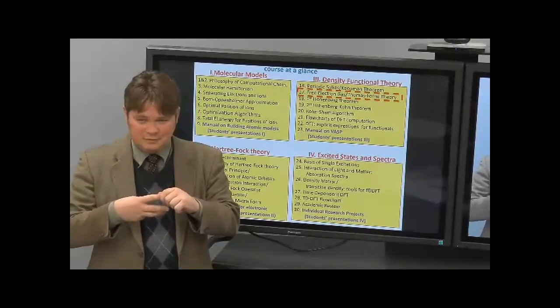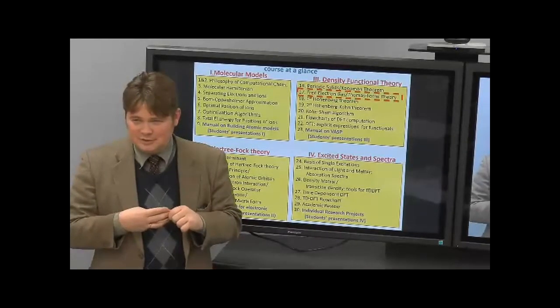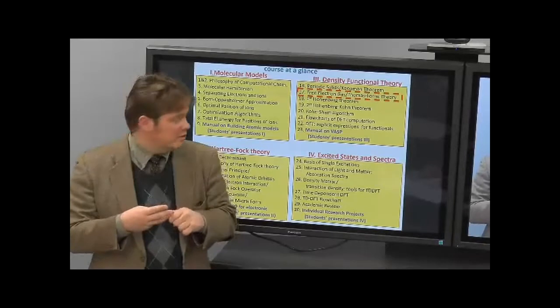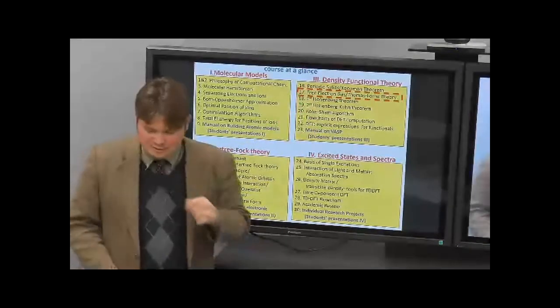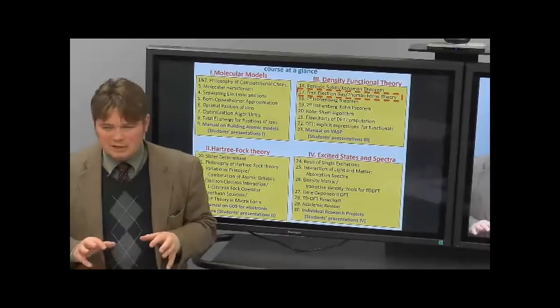Our first hardest was Born-Oppenheimer, second hardest was exchange energy, and third hardest will be theorems. This theory is based on theorems that look a little counterintuitive.